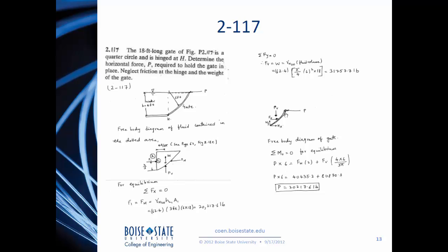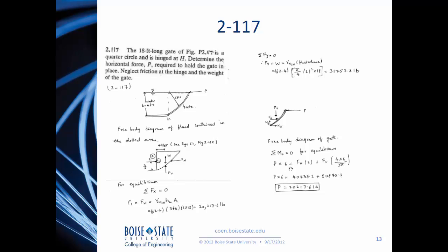And then we can draw a free body diagram for the gate. Remember, we are trying to find the required horizontal force P. If we do that, we can then take moments about O, which is the hinge here, and the sum of the moments about the hinge should be equal to 0 for equilibrium.